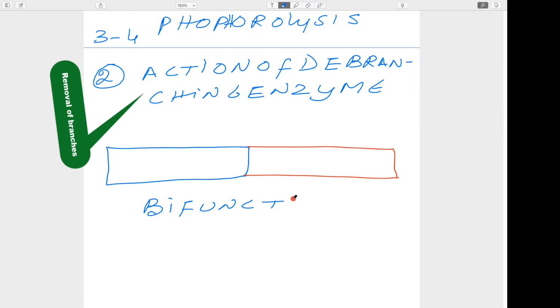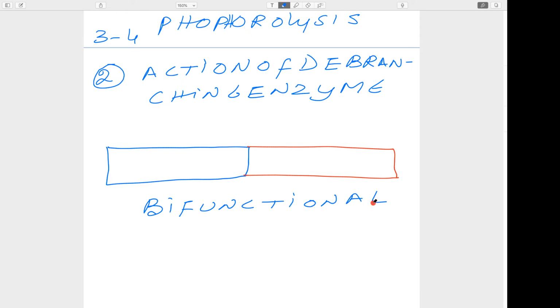A single polypeptide carrying out 2 different enzyme reactions.